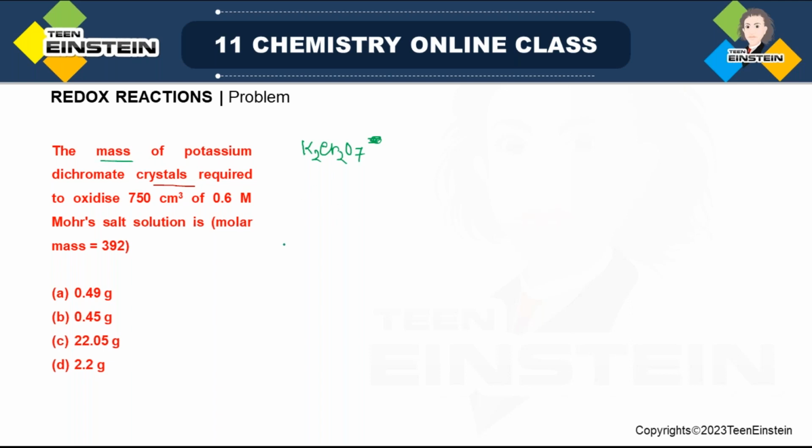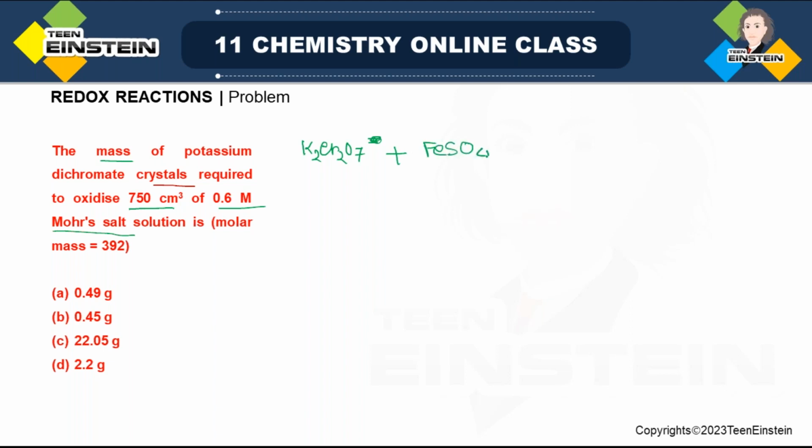You have to find the mass required to oxidize 750 cc of 0.6 molar Mohr's salt. So again we are doing the titration between K2Cr2O7 and FeSO4, which is basically the iron Fe2 plus salt present in Mohr's salt. So K2Cr2O7 plus FeSO4.